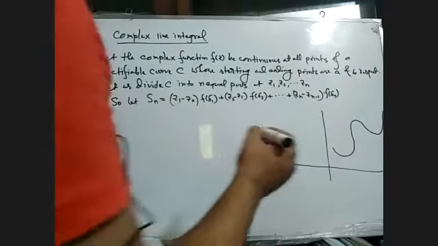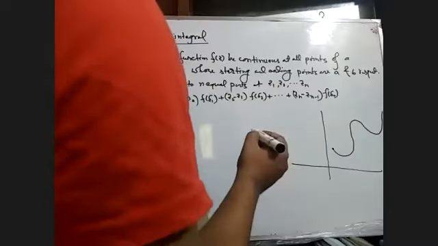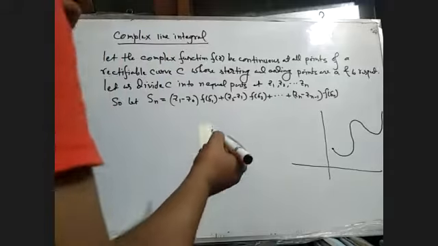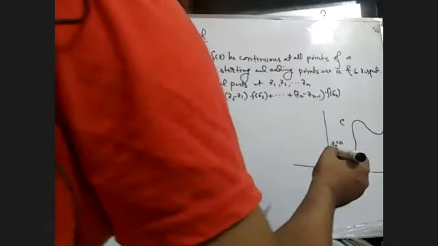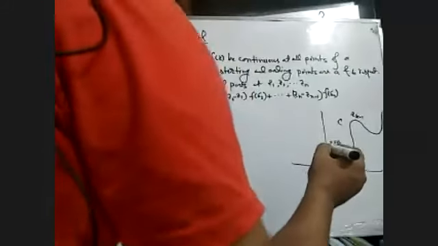This is the whole curve C, with the starting point Z0, which equals A. Suppose there is another point Z1, and Zk minus 1, and Zk.